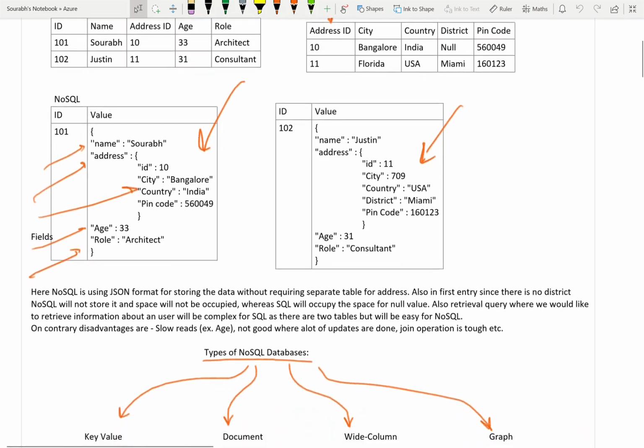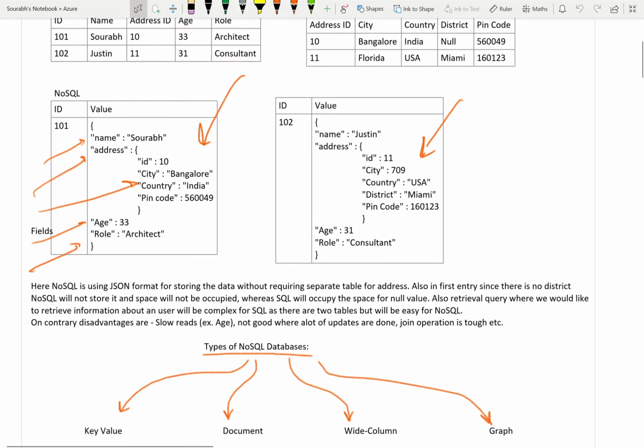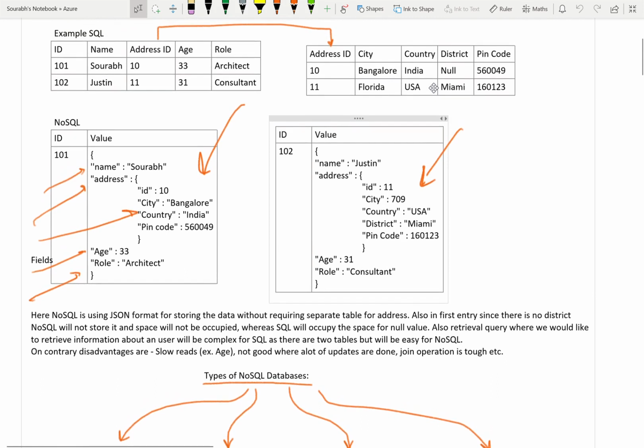Now if I conclude, with NoSQL you can use different formats, and it provides you flexibility. One more thing that we have missed here, and I would like to highlight, is that in a SQL database, if you see this district, I was not having any value for district for line item 10, or this address ID 10.